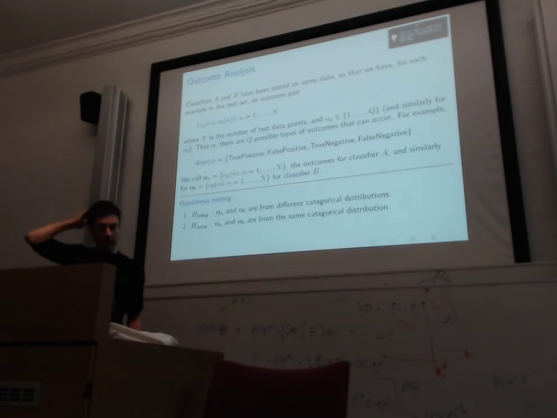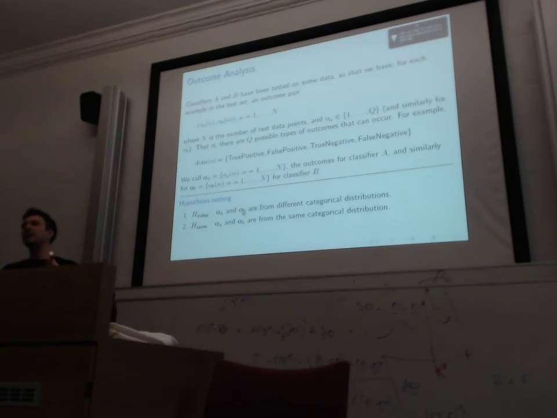What I mean by that is I'm going to have an independent hypothesis in which these outcomes for A and B are generated independently by some outcome generating mechanism for A and some other independent outcome mechanism for B. They're not going to be in any way coupled, so they'll be different. Or, if they're the same, then both the outcomes are generated by the same mechanism. I want to test which of these two hypotheses for a specific data set is actually more likely. And I use this Bayesian mechanism to do that.